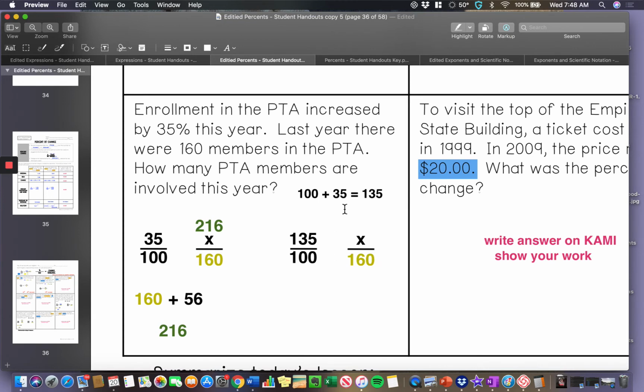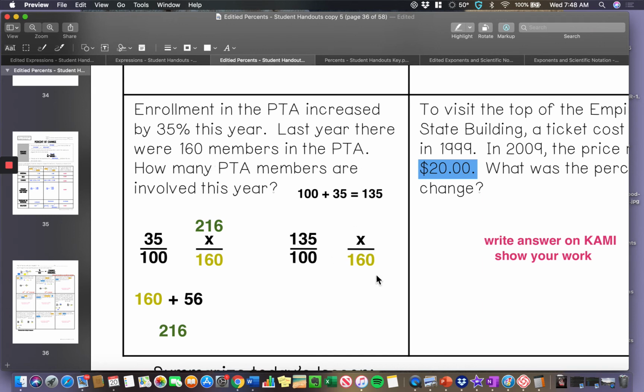You can say something is increased in percentage. So in this case, the percent increase was 135%, right? Because now I have 35% more than last year. So I have 35% more than the whole amount, 100%, the whole amount being 160.